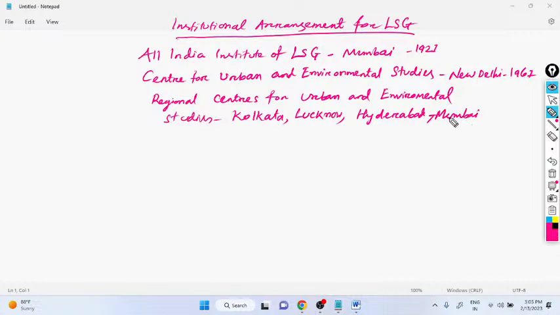They were all set up in 1968 on the recommendation of a committee, that is Ahmad Committee, Nurudddin Ahmad.